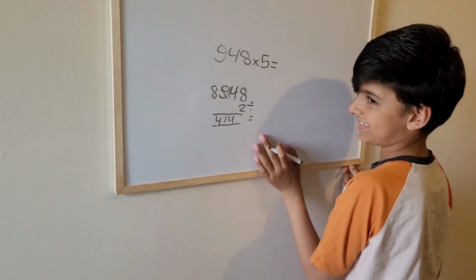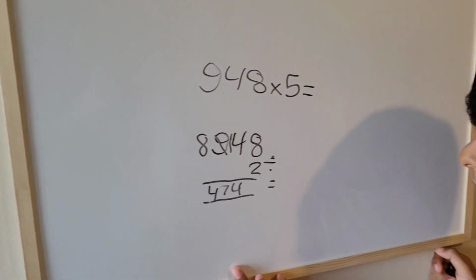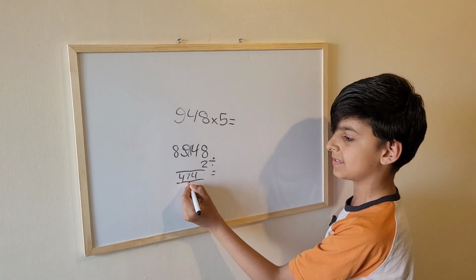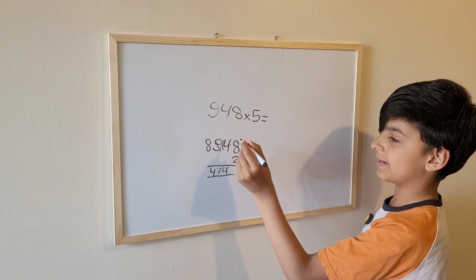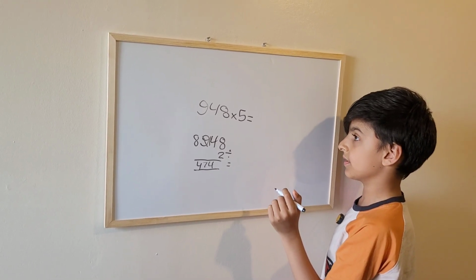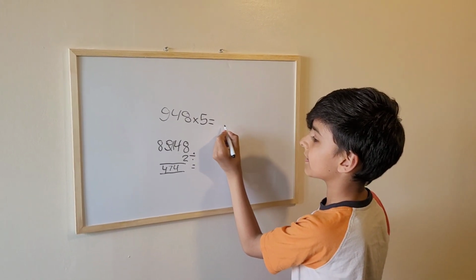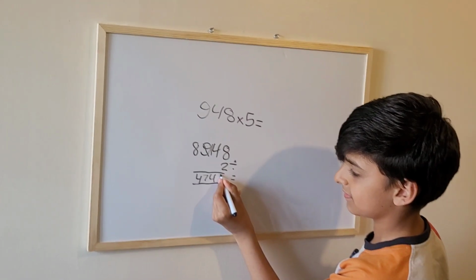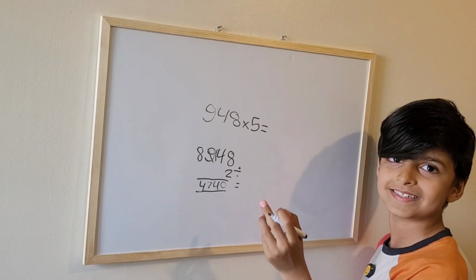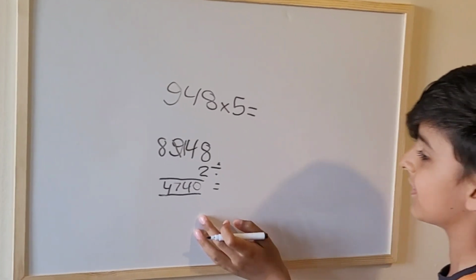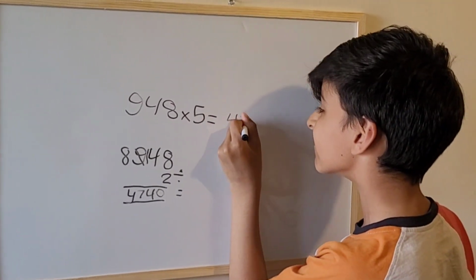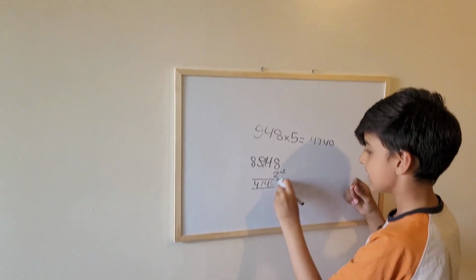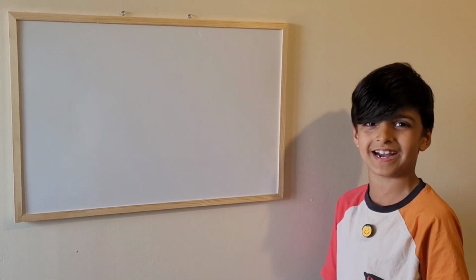You could divide that by 2 again, but that will be a problem, because that would give the number times 2.5, and we don't want that. We need to multiply the number by 5. So 474 times 10: add a 0 to it, which makes 4,740. The answer is 4,740.